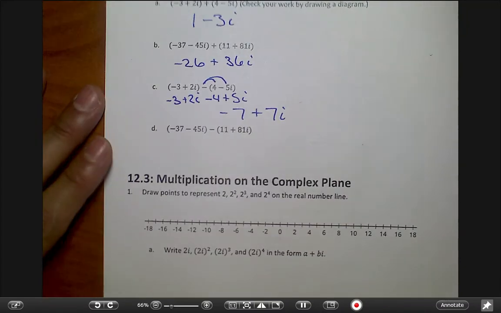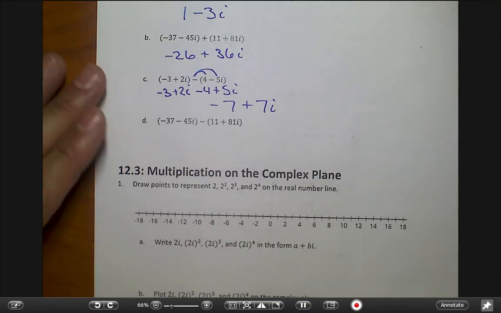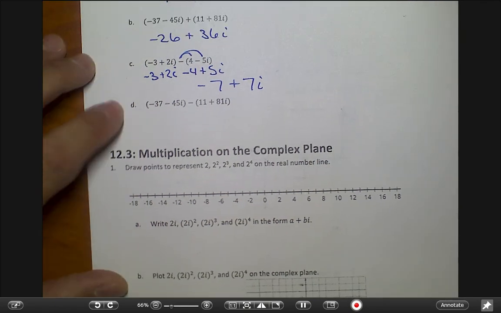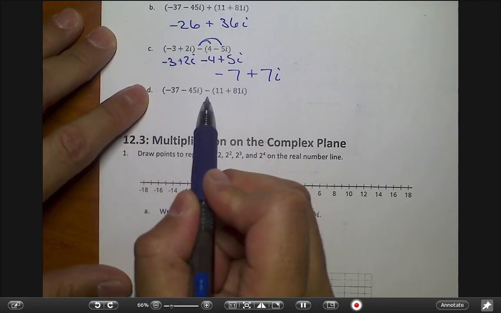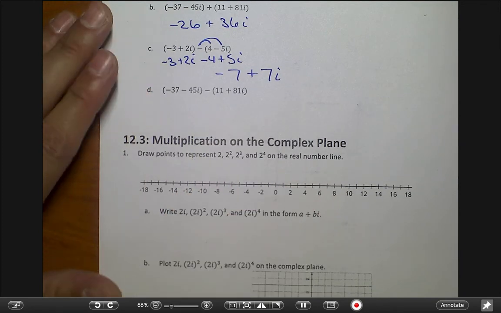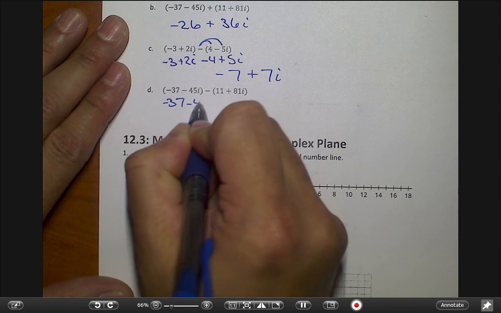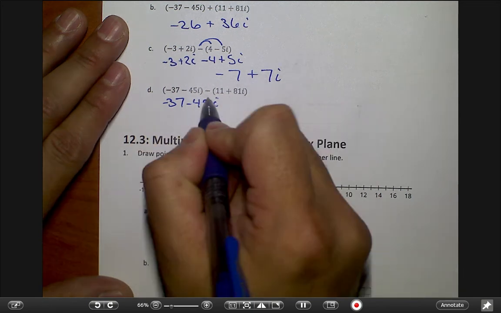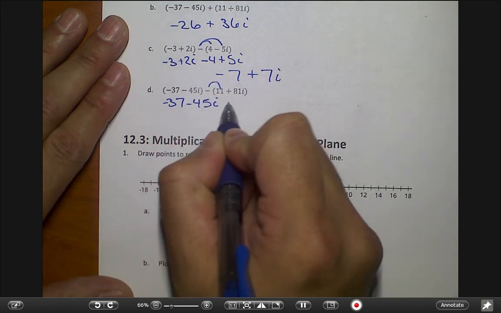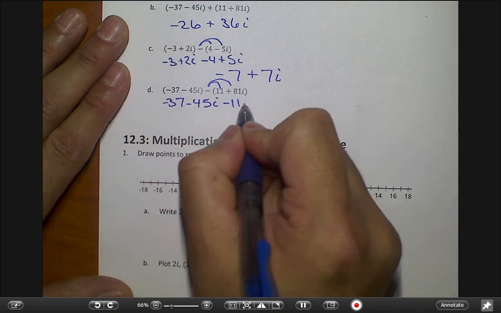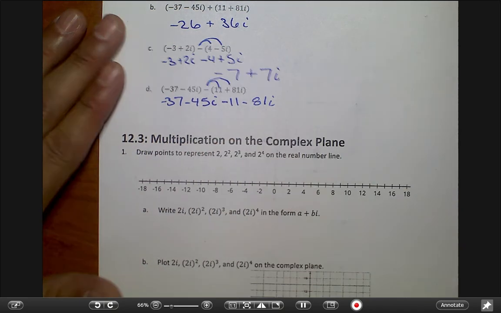So you can check your work on all these by doing the directions on your graph. But some of them were a little bit too big to do on your graph. So that's the reason why we were going to do those ones. Okay, so this one right here. There's a minus sign in front, so that means I have to distribute. So it's going to be negative 37 minus 45i. And as I distribute, that becomes negative 11 and negative 81i.